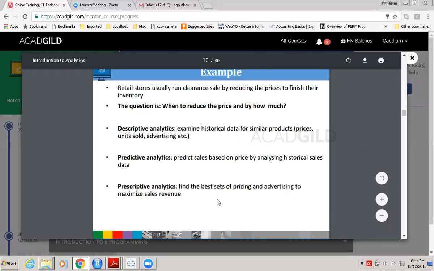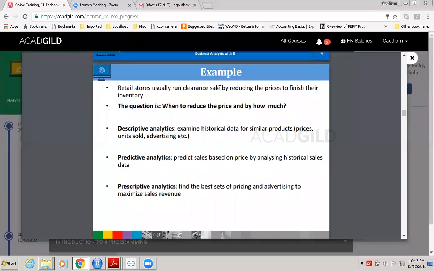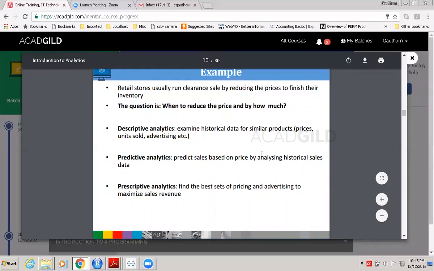They'll also be using prescriptive analytics to tell, okay, we need to reduce the prices of certain goods immediately, otherwise we might run the risk of having products sitting on a shelf that have expired, right? This could be very critical in the pharmaceutical industry, correct? Items will expire after a certain date, and it could be very hazardous to the life of people also. So healthcare companies will use this kind of information, it's very important for them.